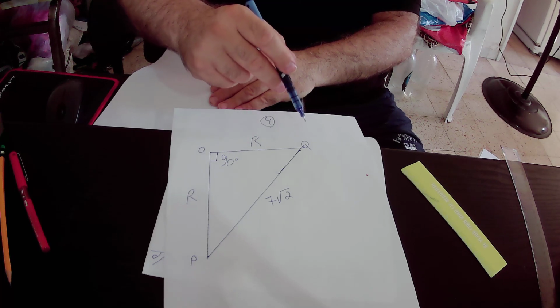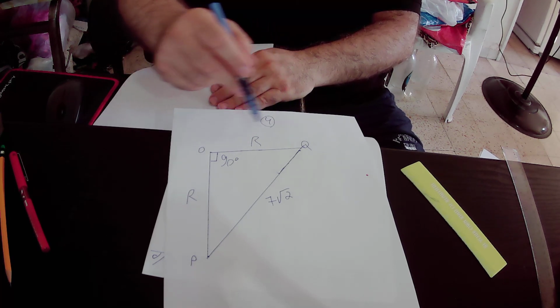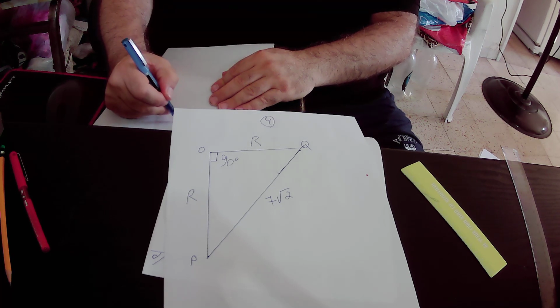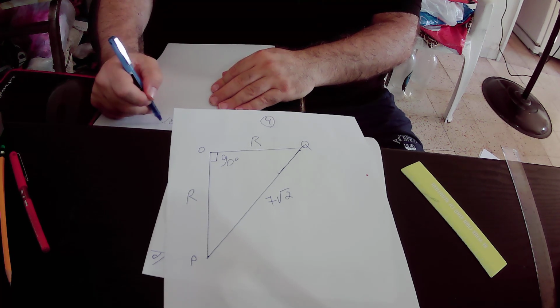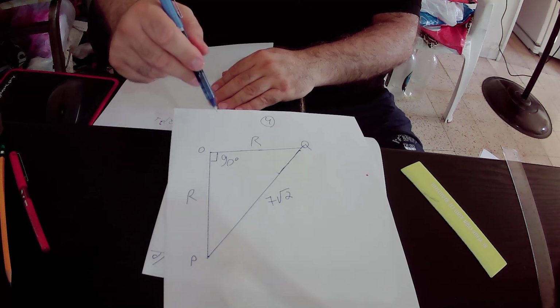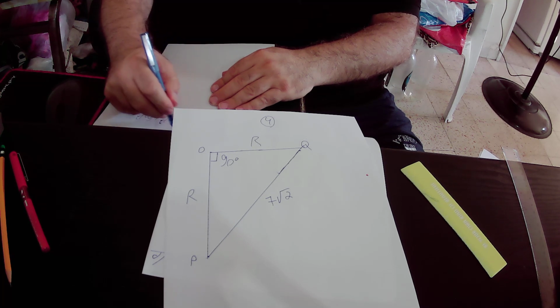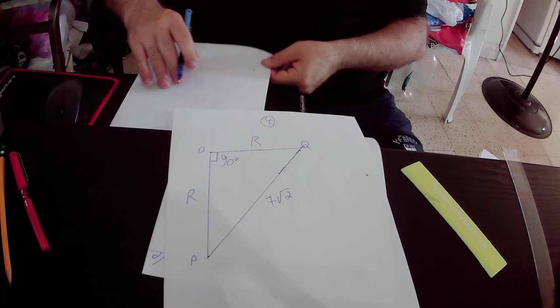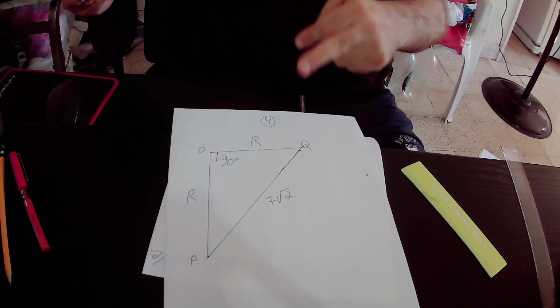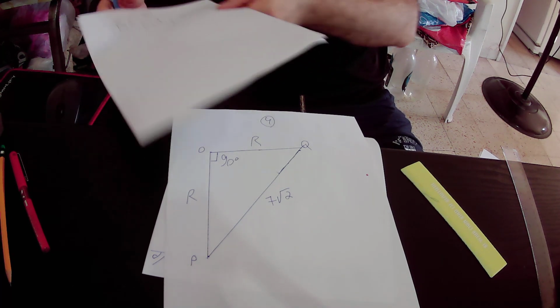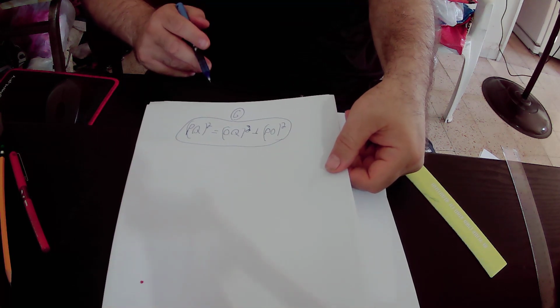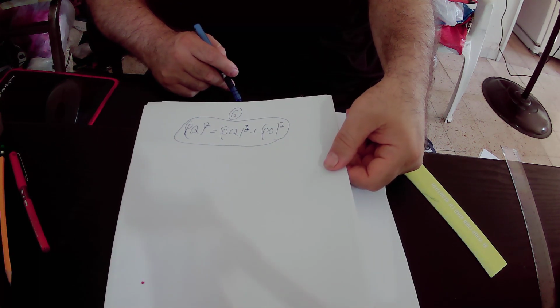That is to say PQ square equals OQ square plus PO square. Okay, so in our specific right triangle POQ, PQ square equals OQ square plus PO square.